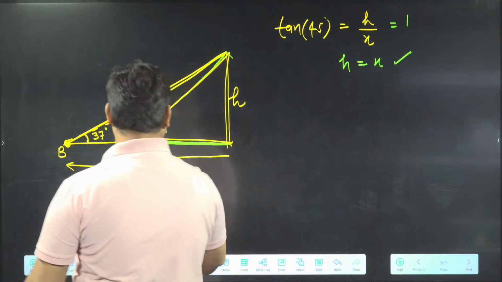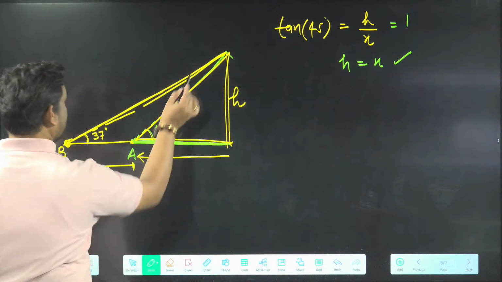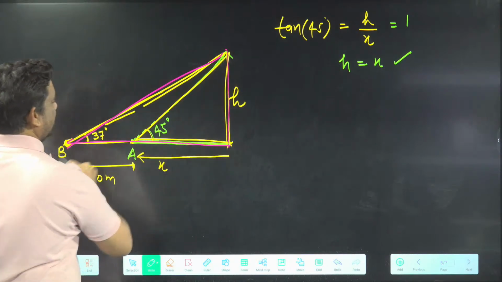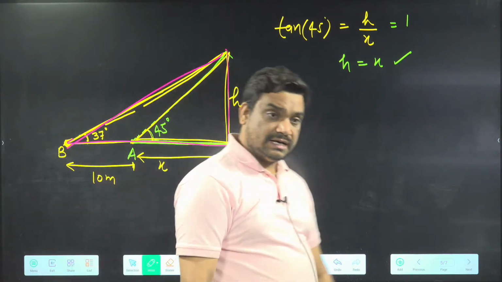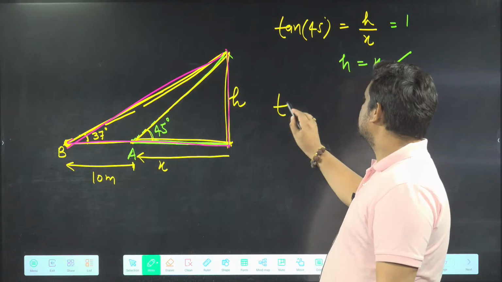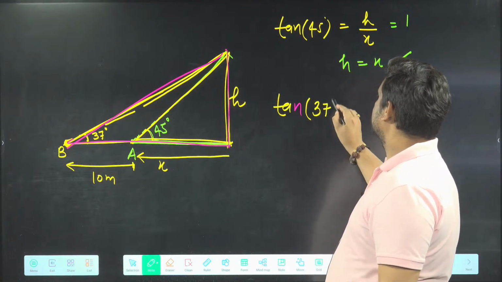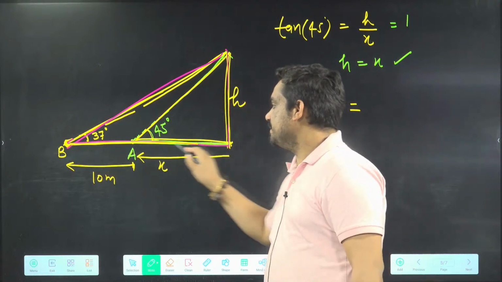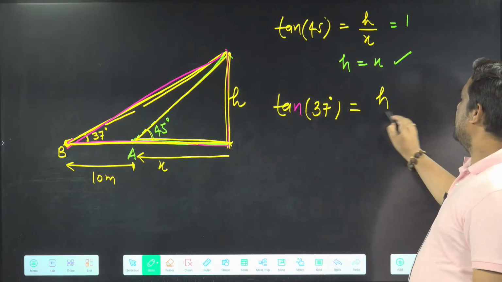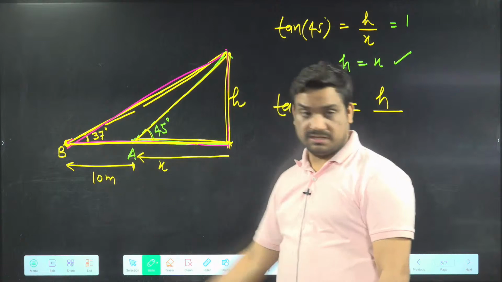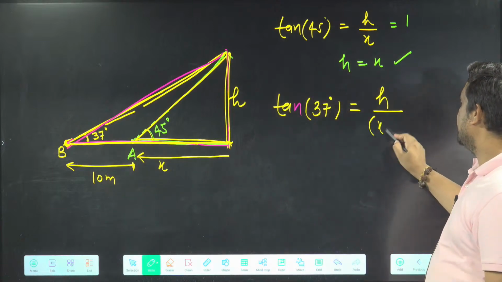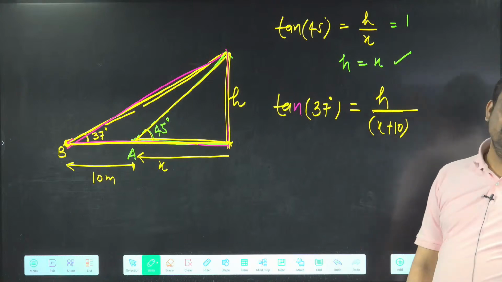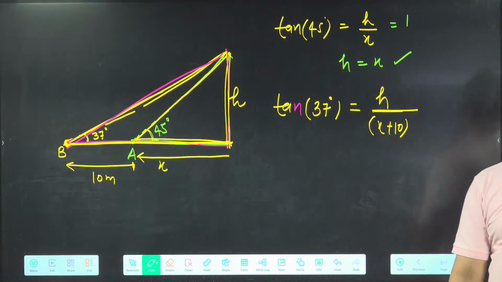Then we'll use the bigger triangle with the angle 37. So we write tan 37, which is equal to h divided by the base, and the base here is x plus 10. Tan 37 was told to you as 3 by 4.